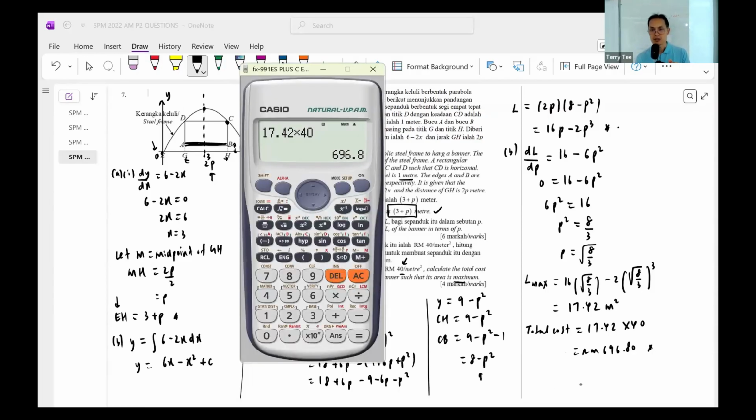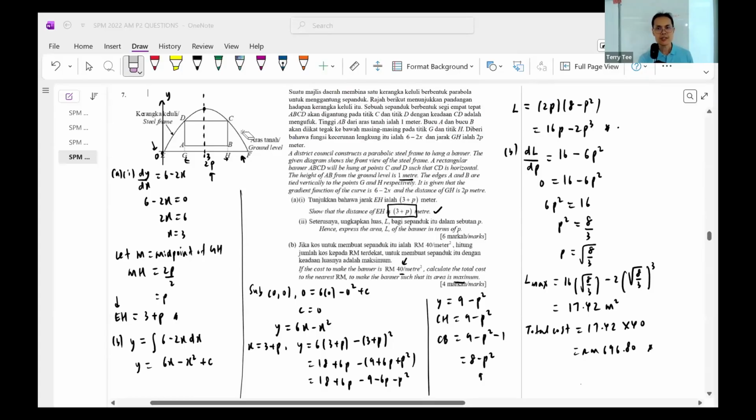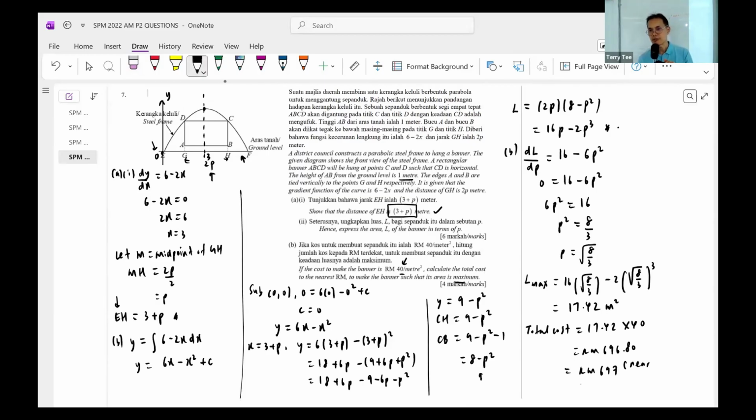Okay? All right. By the way, the question says to the nearest RM. So the nearest RM is RM 697. Nearest ringgit Malaysia. Yeah.